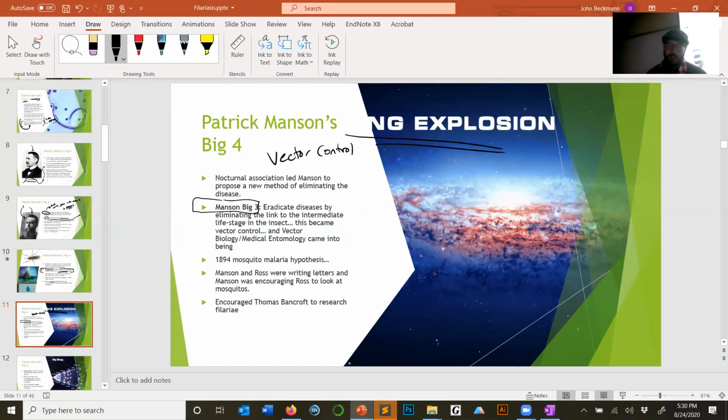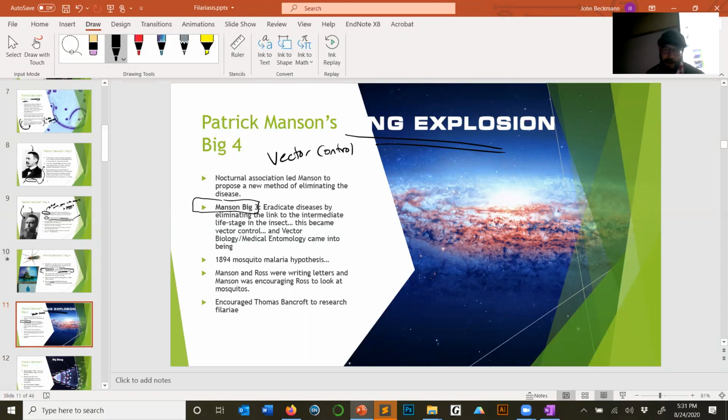This was like the first time somebody had had that thought on the earth. So he won a Nobel Prize because this was literally almost right in the early beginning stages of germ theory. And this was like a monumental sort of thought that Patrick Manson had.